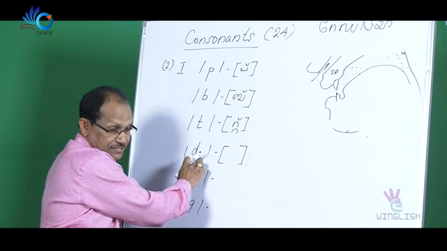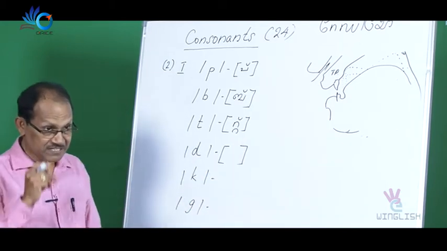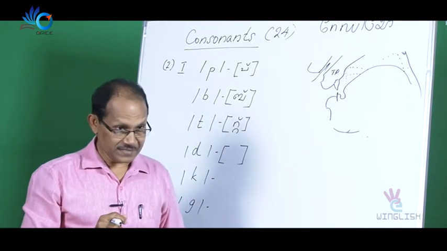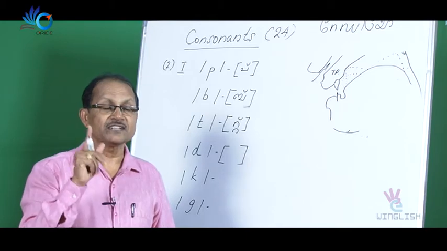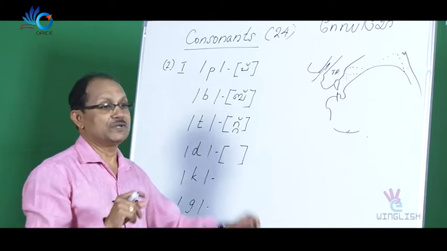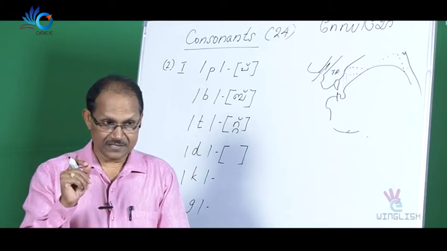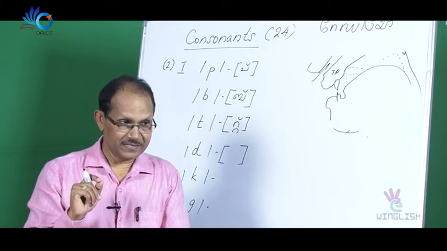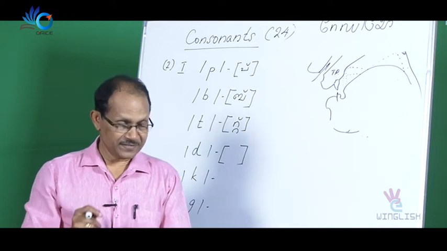The RP sound, that is the sound in standard English, is different: it is D, D. Try, and you should acquire the correct articulation of the sound, that is very important. Okay, D: day, dark, dance, dare.